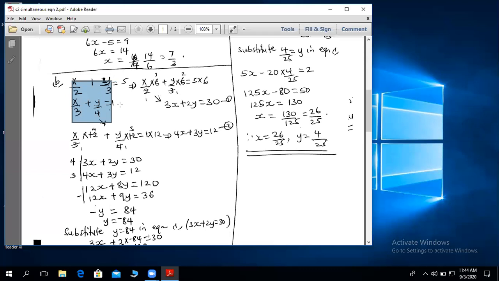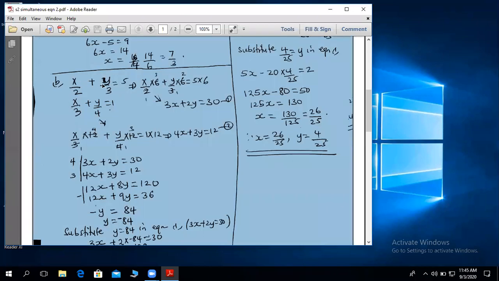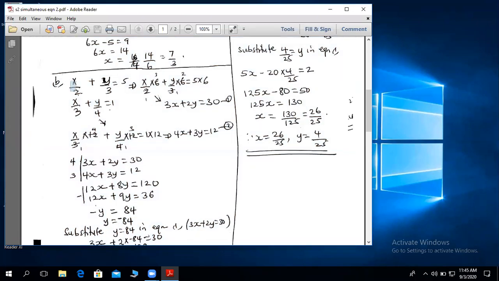But I told you, if you want to solve an equation very fast, what you should do is to eliminate the fraction. What is the easiest way of eliminating the fraction? Get the LCM of all the denominators. For example, in this equation 1, the denominators are 2 and 3, and their LCM is 6.